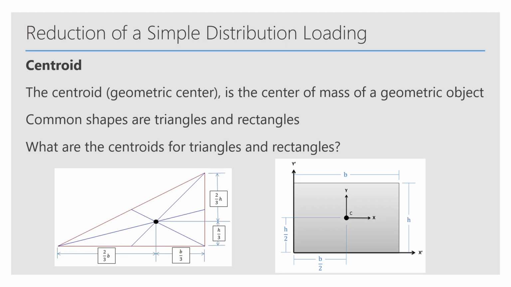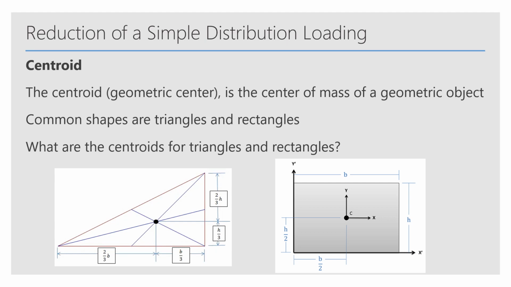For a rectangle or a square, it's a lot easier. You just need to find the midway point for the whole length. So if we're saying that the x-axis is the length of b, it's just b over 2. For the triangle, depending on which direction you're coming from, the whole length of the side is b. It's either b over 3 or it's 2 over 3 times b.